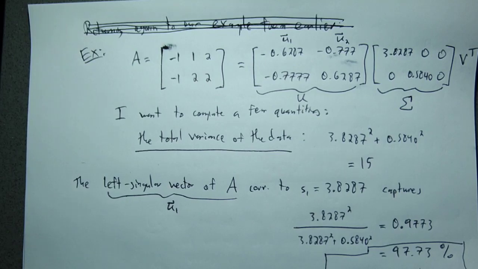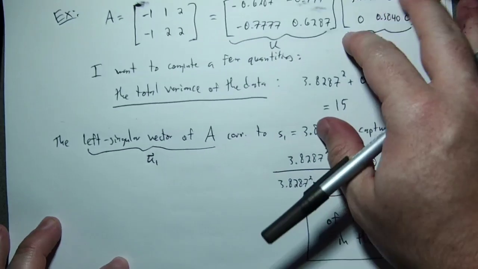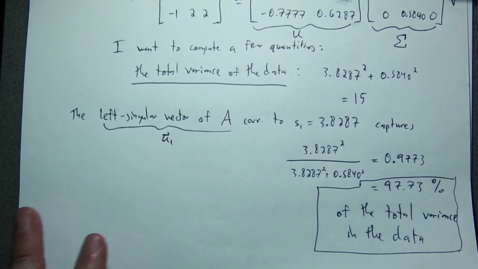So 97.73% of the total variance in the data is captured by this first vector U sub 1.